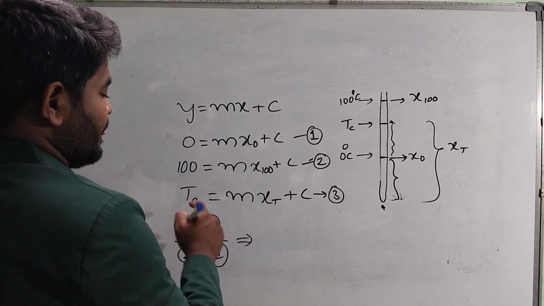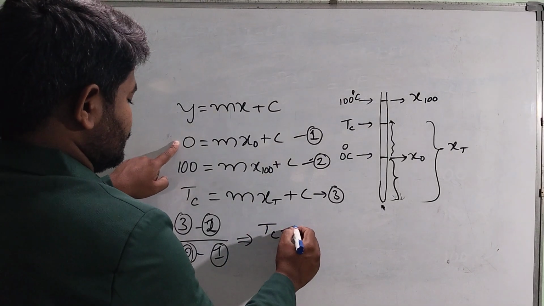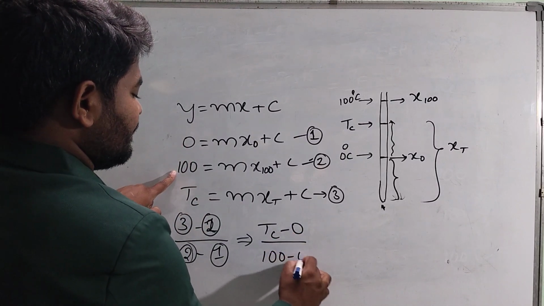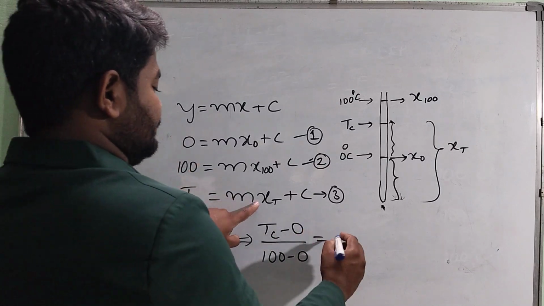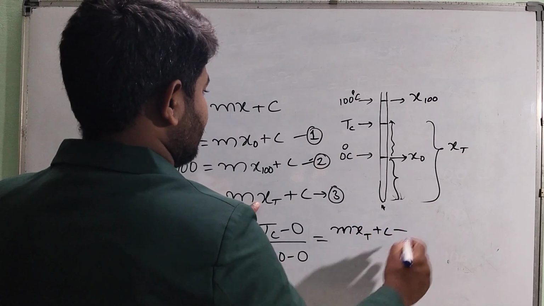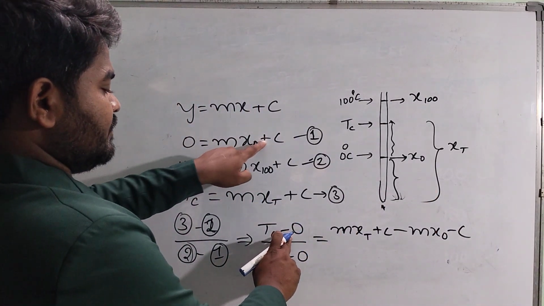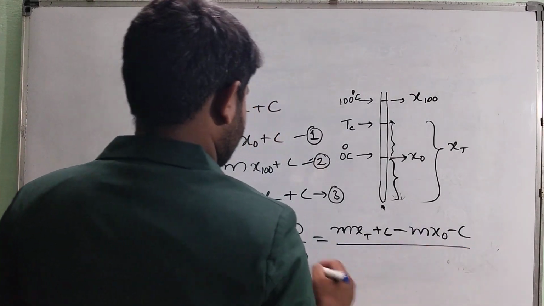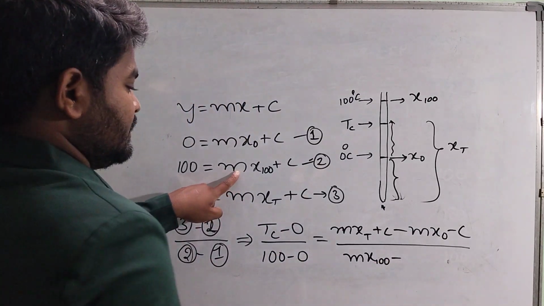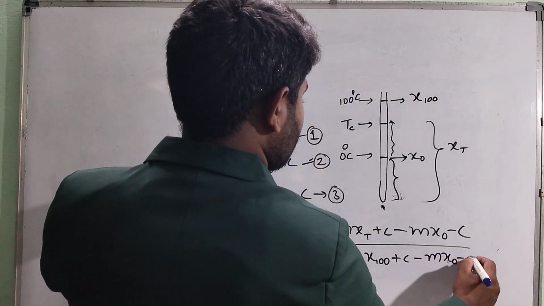Then Tc minus 0 by 100 minus 0 equals m xt plus c minus m x0 minus c, by m x100 plus c minus m x0 minus c.